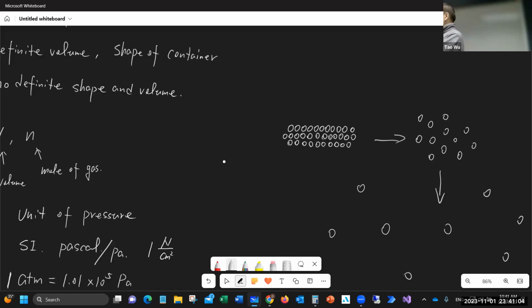In liquids, the force is still the same, but the activity of the molecules is getting higher, so they have space to move. In gas, the force is still the same, but the activity of the molecules is much stronger than the force, so they are free to move around. Does that make sense?